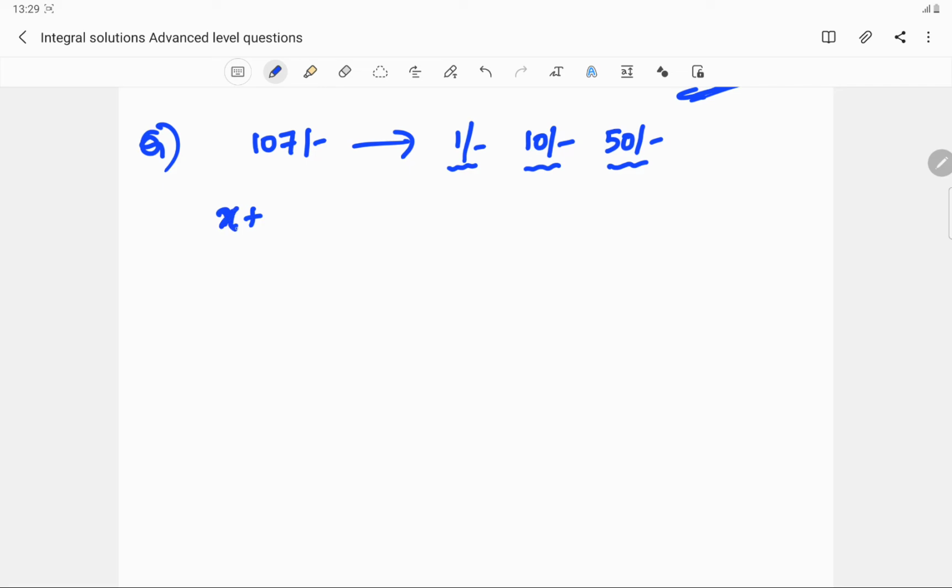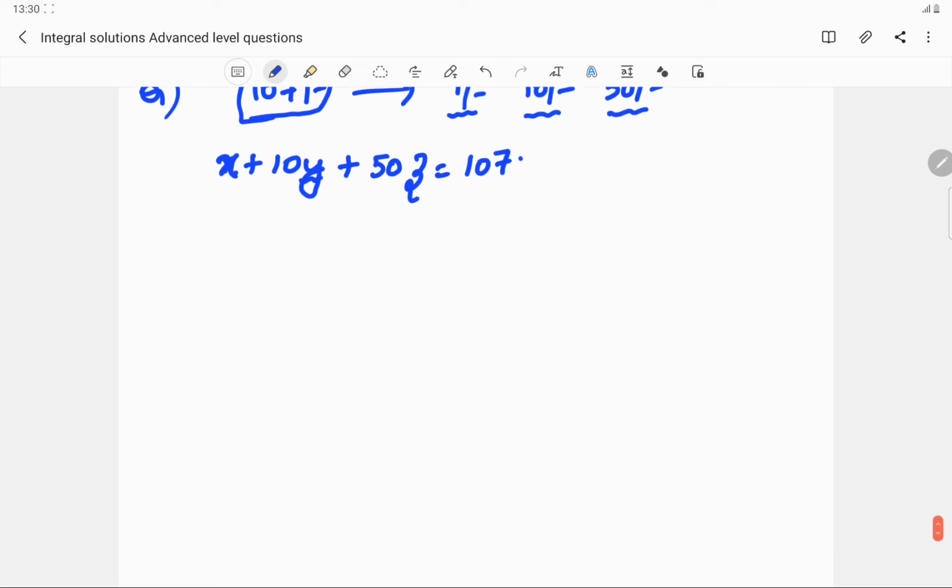So let x be the number of 1 rupee notes that we have given away, and y be the number of 10 rupee notes, and z be the number of 50 rupee notes that we can give, so that the total money that has been given is 107.